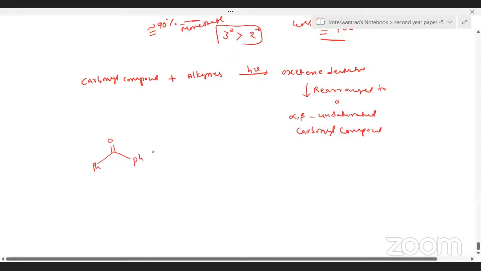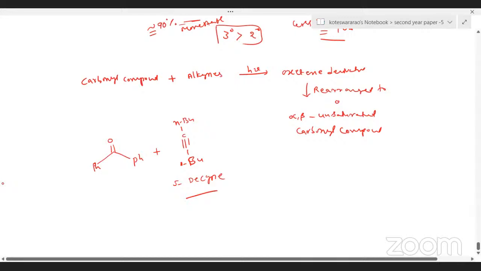Phenyl, along with tertiary butyl, taking an n-butyl attachment, that is 5-decyne.